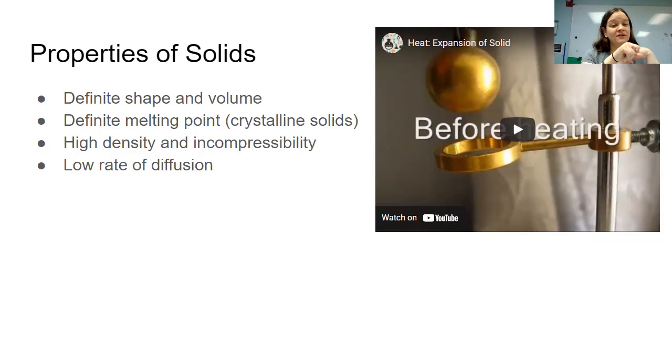Solids, at least crystalline solids, have a definite melting point. When we get to a particular temperature, the solid starts to melt to a liquid. Amorphous solids tend to melt over a range. We'll come back to that as we get into lesson 4, where we're talking about changes of state.